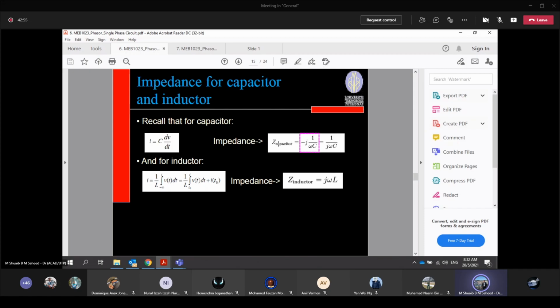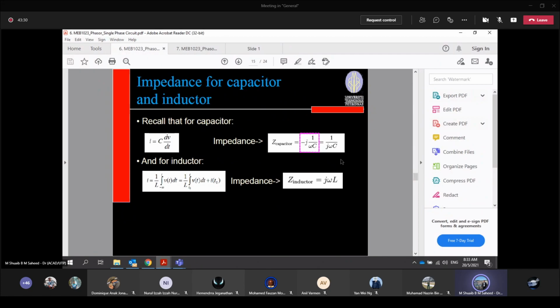What is the unit for the reactance? Ohm, similar to your resistance. So now you have resistance for the resistor, and reactance for the capacitor and inductor. It also means how much the capacitor and the inductor are resisting the flow of the current.